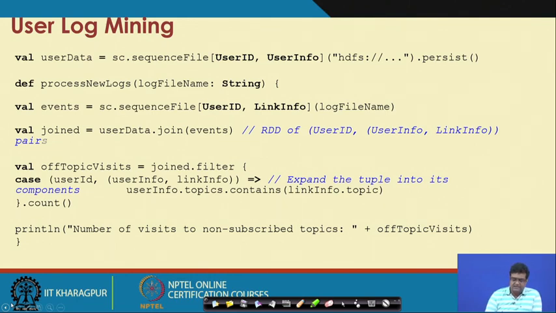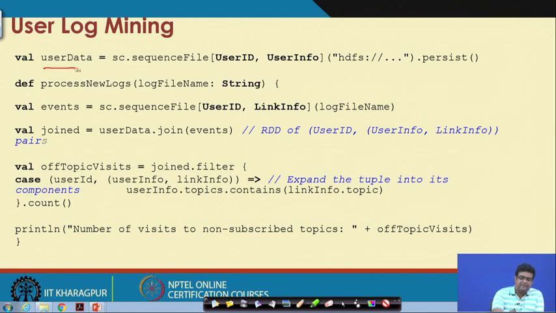One is the user data, which stores the user ID and the user info. Think about it that users are visiting links on the internet, and you are collecting that data. Now what you want to report is which users are visiting off topic links.